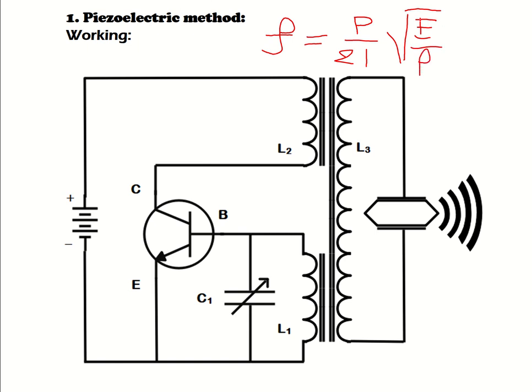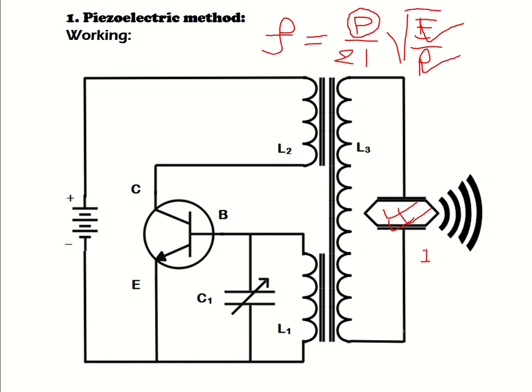Here E is the Young's modulus of the piezoelectric crystal, rho is the density of the piezoelectric crystal, and L is the length of the piezoelectric crystal. And this P is generally taken as 1 because it is the first overtone.